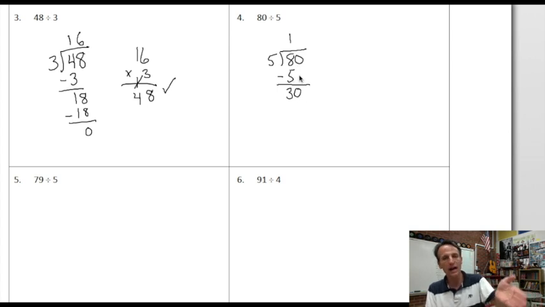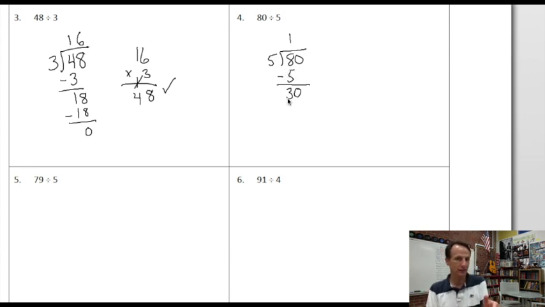And that's why I, quote unquote, bring down the 0. Because I have 3 boxes of 10 donuts, and I have to open up those boxes. So when we bring down the 0, you can think of it as I'm opening up those boxes of 10 donuts. And now I have 30 donuts that I can easily hand out to 5 people.